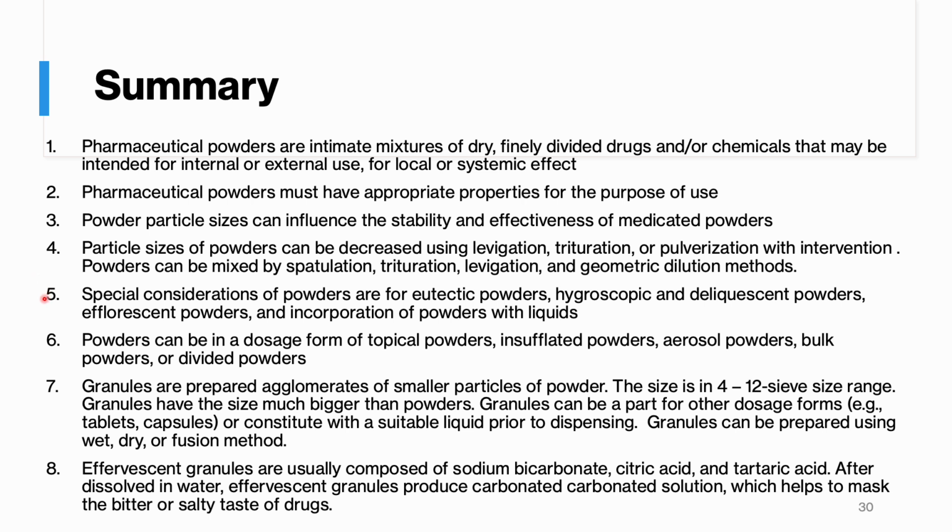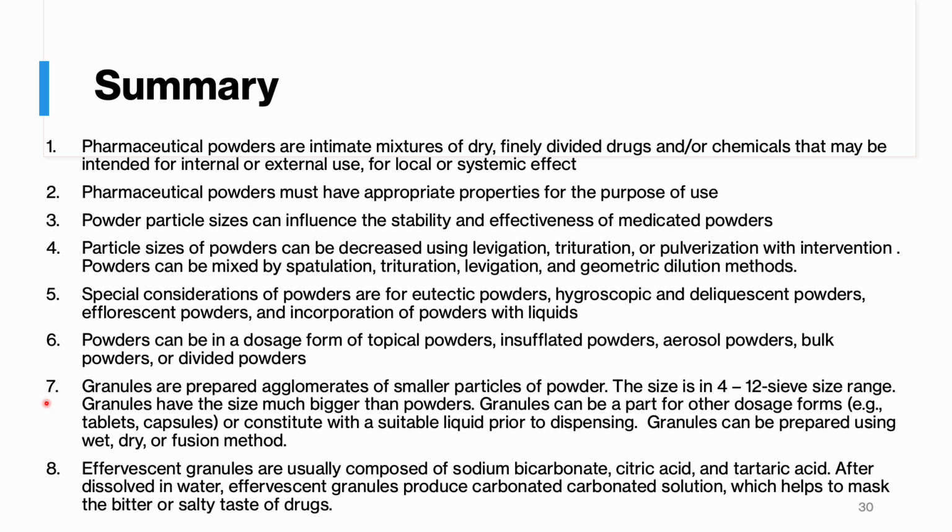Special considerations of powders are for eutectic powders, hygroscopic and deliquescent powders, efflorescent powders, and the method to incorporate powders with liquids. Powders can be in a dosage form for topical powders, insufflated powders, aerosol powders, bulk powders, or divided powders. Granules are prepared agglomerates of smaller particles of powder. The size is in the range of 4 to 12 sieve. Granules have a size much bigger than powders.